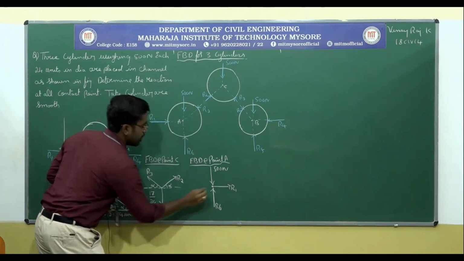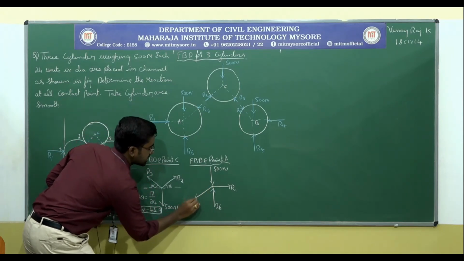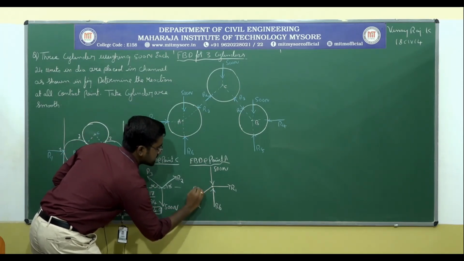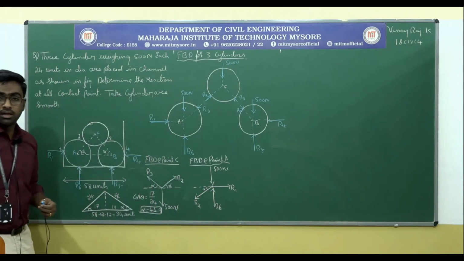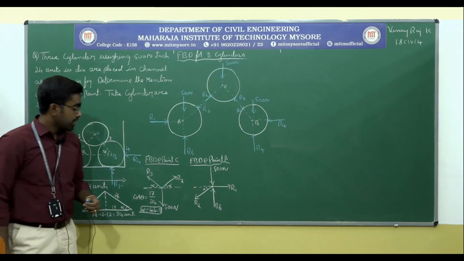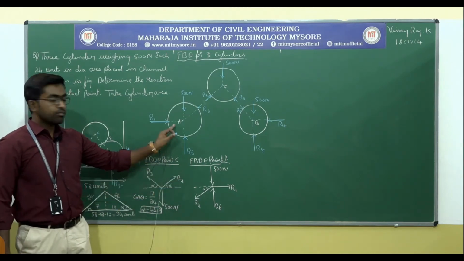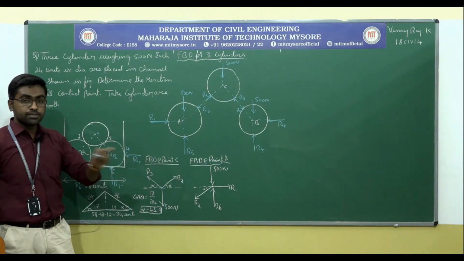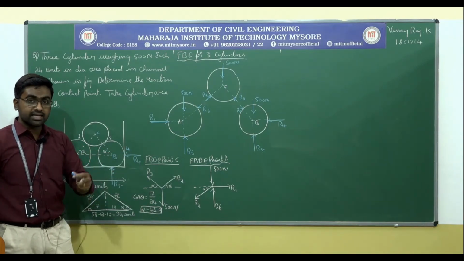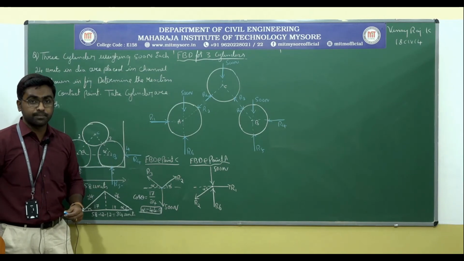I hope you know how to write the free body diagram by using the principle of transmissibility of forces. So I have already explained all these things in the last class. I will not repeat, okay? So this is the free body diagram for this cylinder, and this will be the last problem on equilibrium of forces. In the next session I am going to start with the friction.